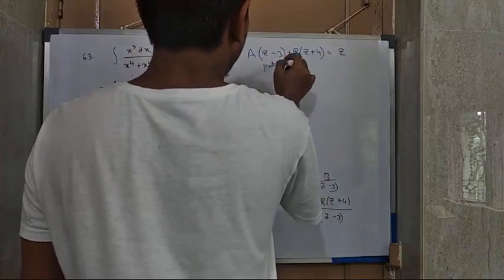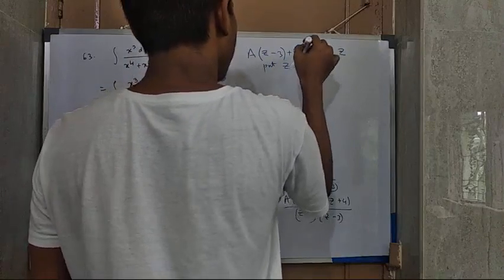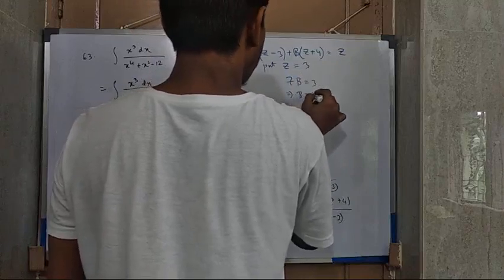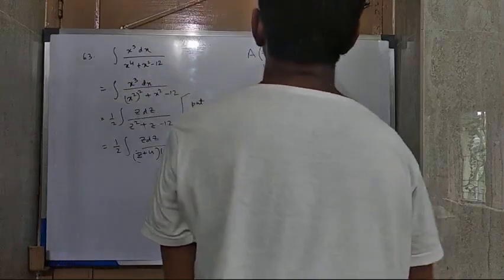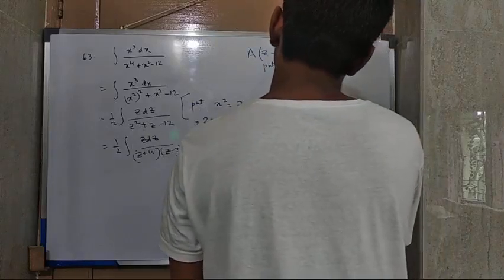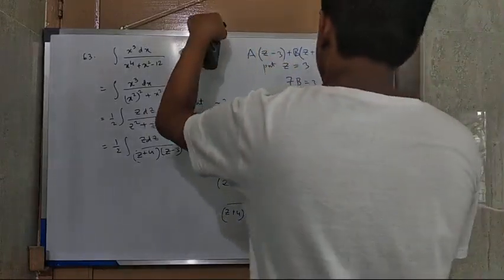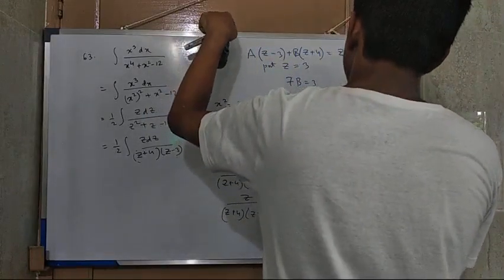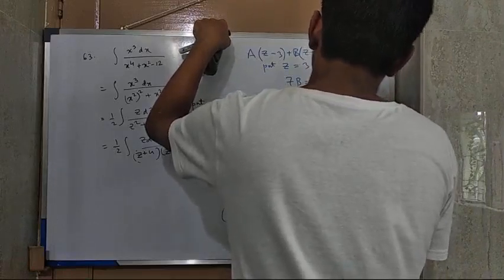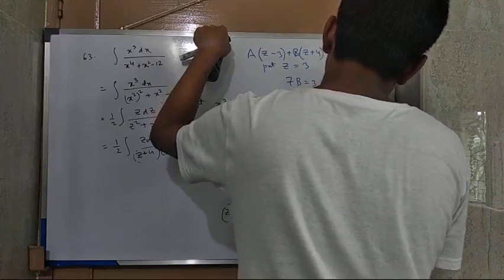Now putting z equal to 3 gives 7b equals 3, which implies b is equal to 3 by 7. And putting z equal to minus 4 gives minus 7a equals minus 4, which implies a is equal to 4 by 7.